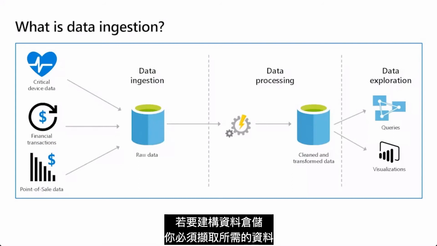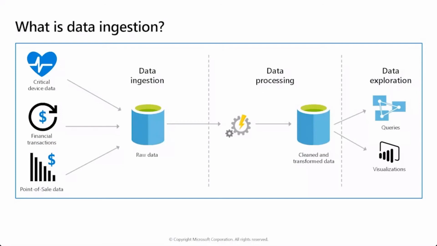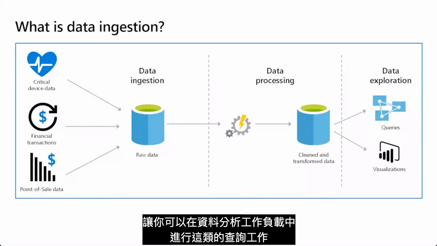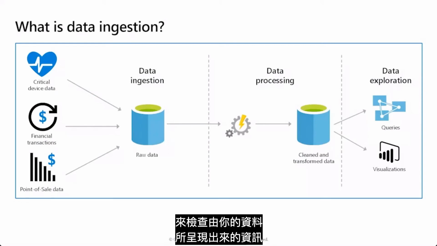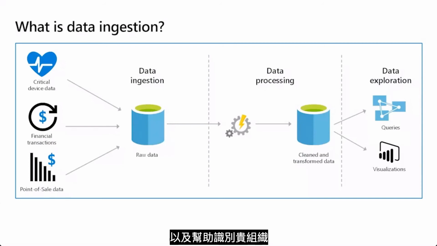Building a data warehouse requires you to capture the data that you need and transform it into an appropriate format for querying and data analytics workloads. You can then use visualization tools to examine the information presented by your data and help identify trends, issues, problems, and causes in your organization.